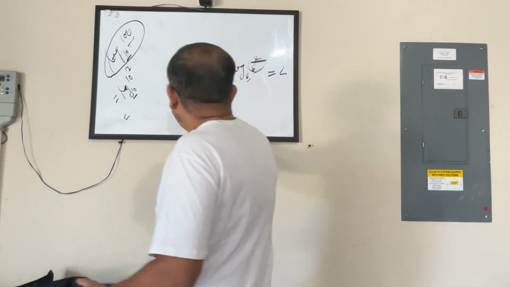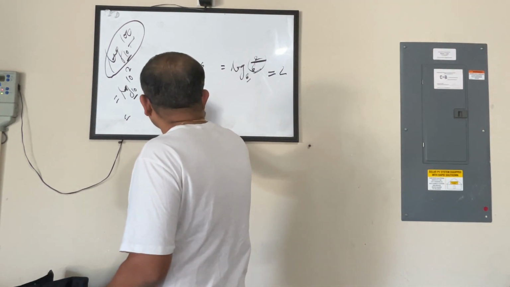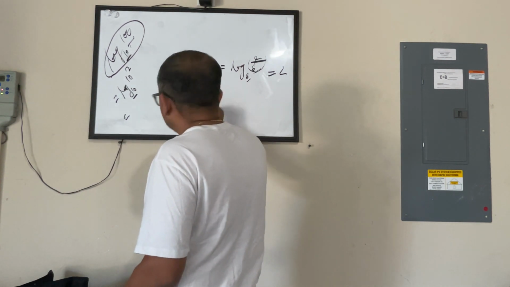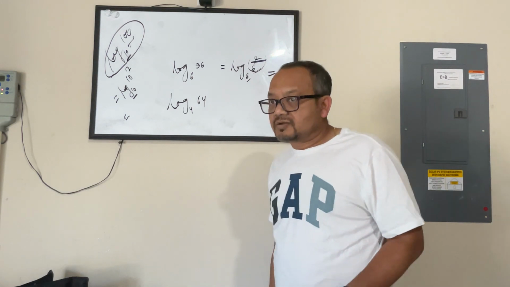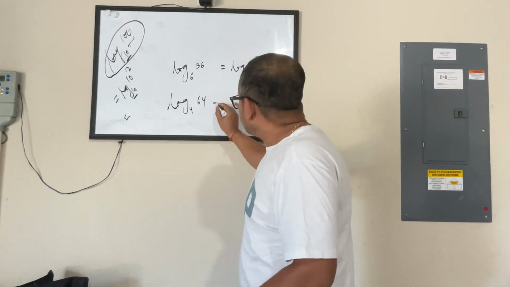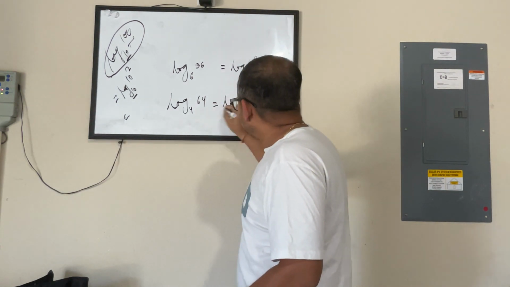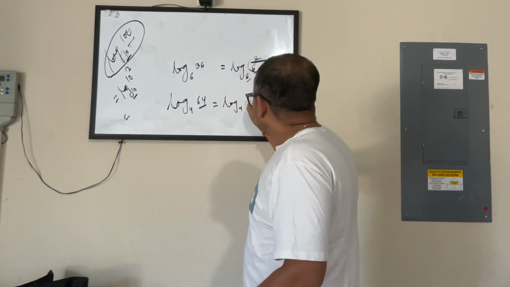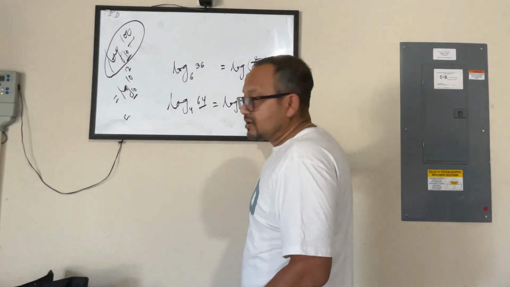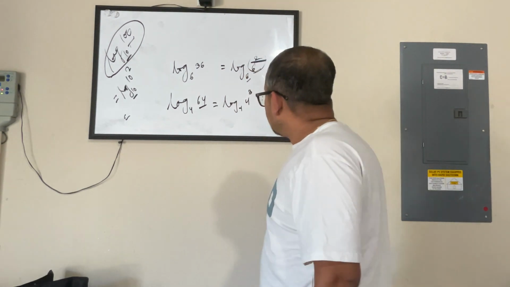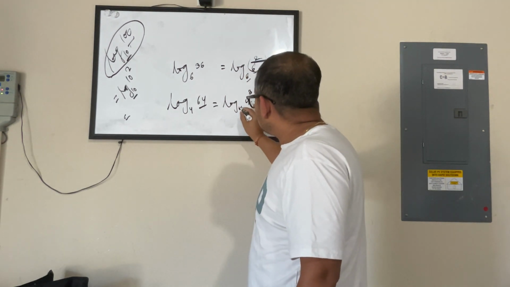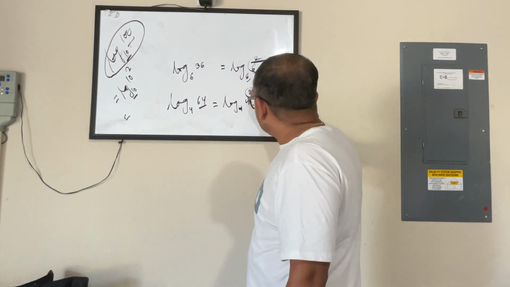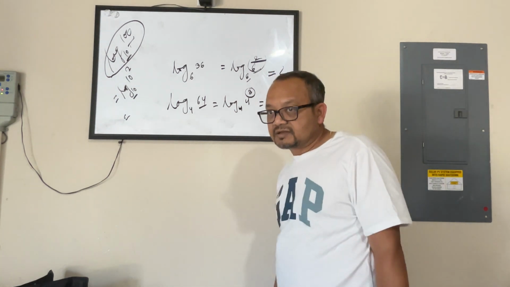If you have to say log of 64, first thing you will do is, you will say, okay, let me convert this into power of 4. 4 times 4 times 4 is 64. That is 4 cube. Now the base of log and the base of exponent are matching, so I will only look at the power, and my answer is this.